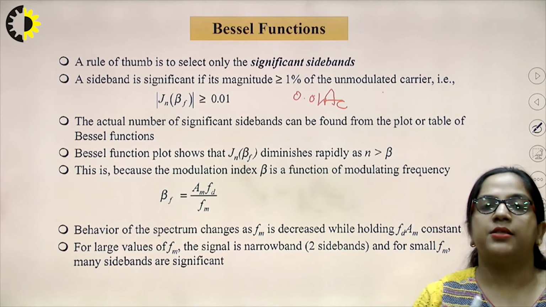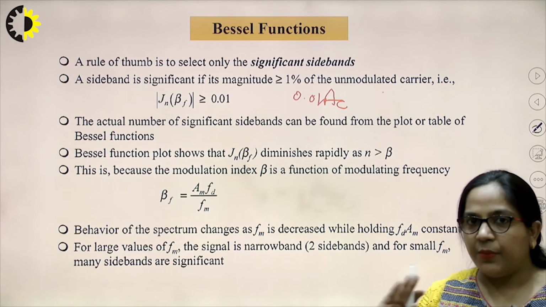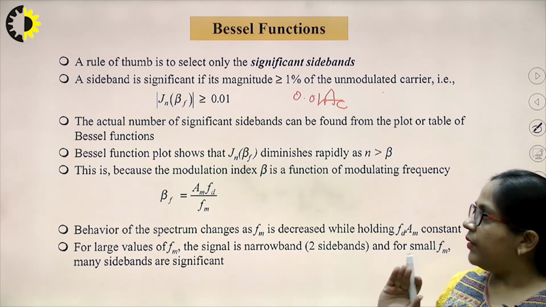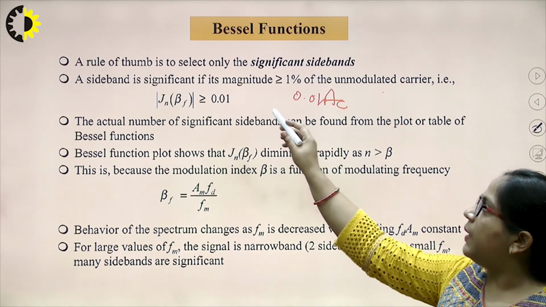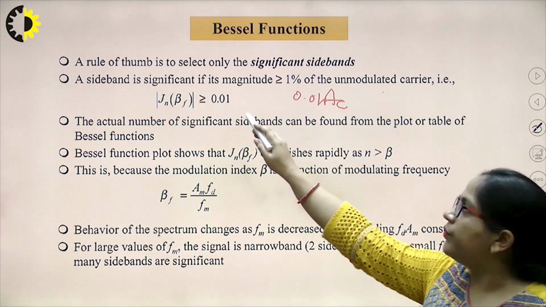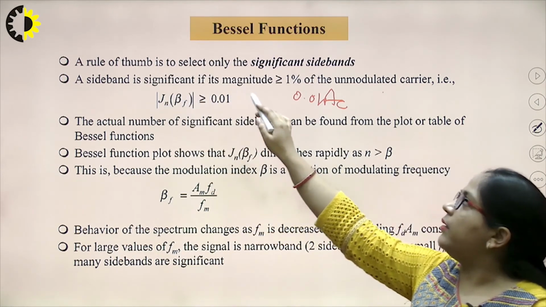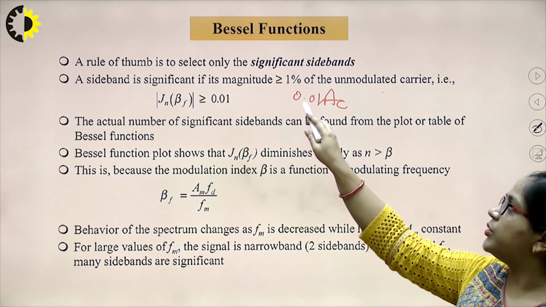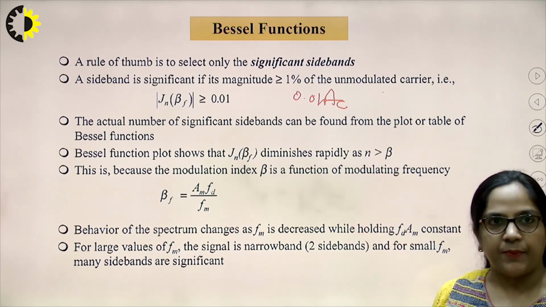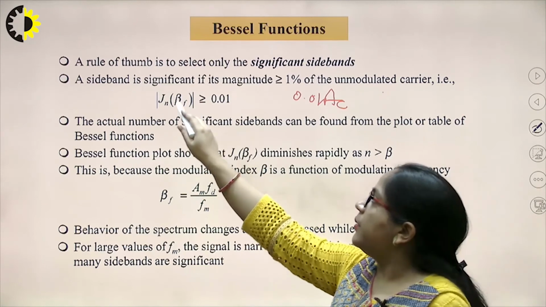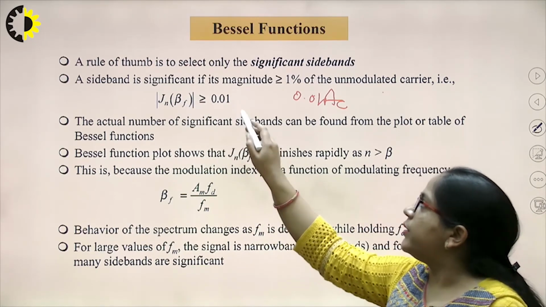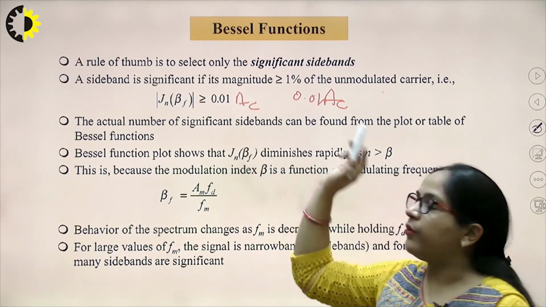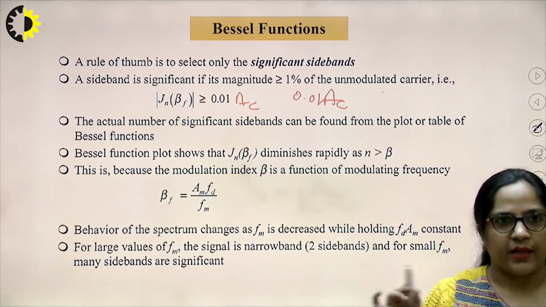If there exist many sidebands, then the number of significant sidebands we can approximate with the help of this condition. So, when Jn beta is greater than 0.01 times Ac, that particular sideband we can consider as a significant sideband.